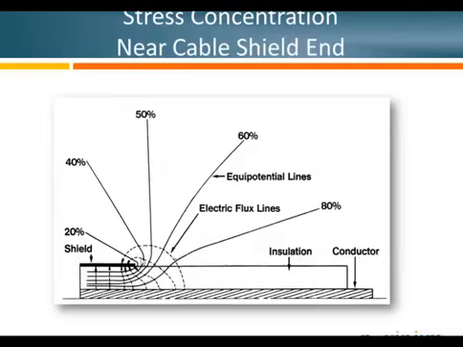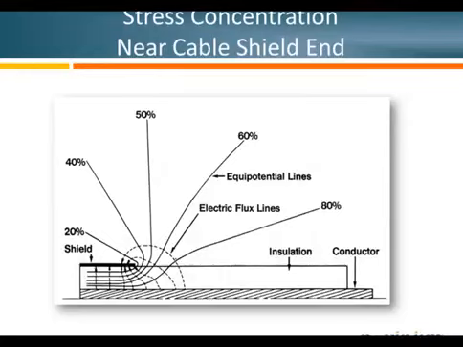So you remove the semicon back to this point, but when you remove it or terminate that shield, you can see that your equipotential lines in your cable tend to get very close together at the end of that shield. And the closer those equipotential lines are together, the higher the electrical stress you have.